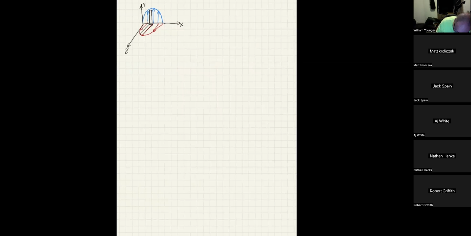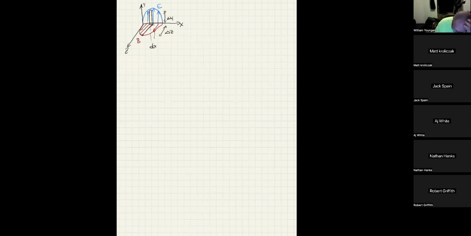Both of those widths of those boxes are dx. This height is delta y, and this height is delta z. And the blue is the E field, and the red is the magnetic field.